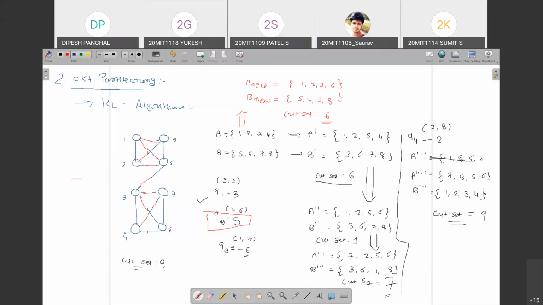So our expectation is this one. Only one cut set, because it is not a very complex circuit, it is a small circuit. So by passing the example with one pass, definitely you get the best answer, which is cut set number 1. This is also true for the previous example.